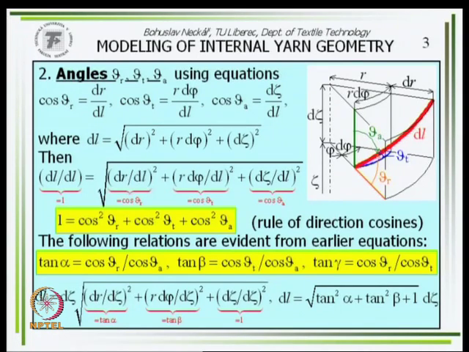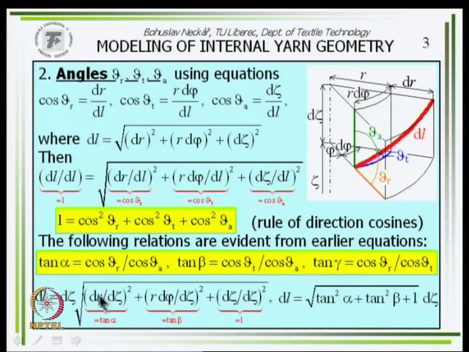Evidently, based on the Pythagorean theorem in three-dimensional space, this equation must be valid. After dividing by dl, we obtain this equation, which is the well-known rule of direction cosines. From the definition of all angles, it's evident that the following expressions are right.